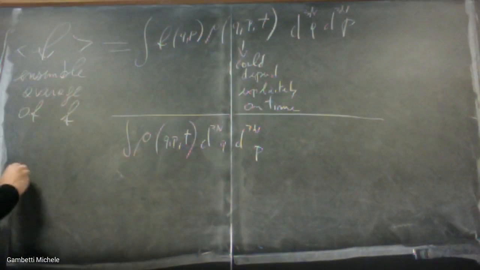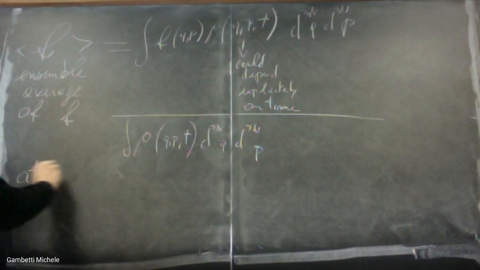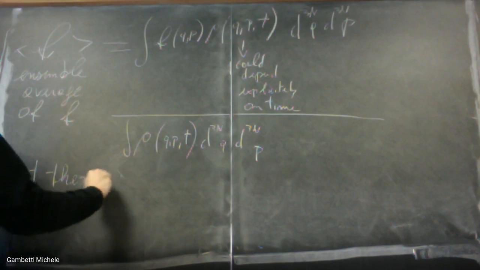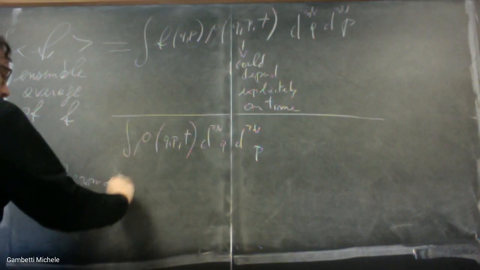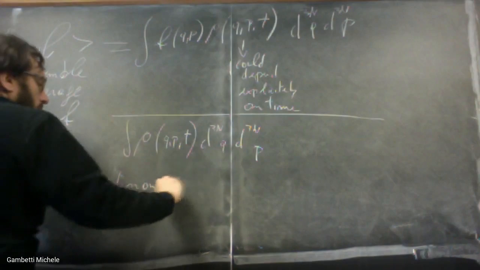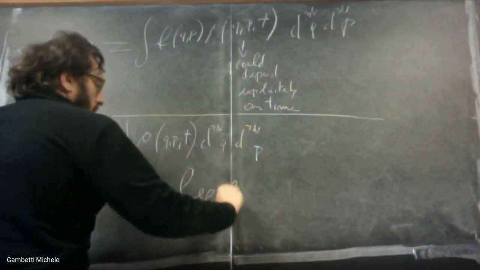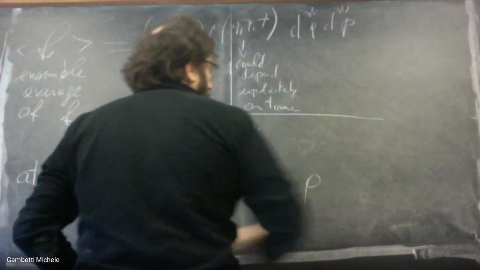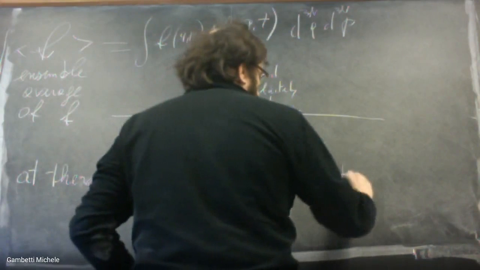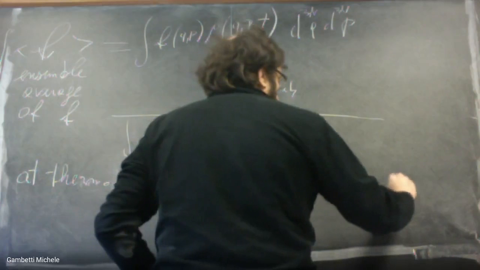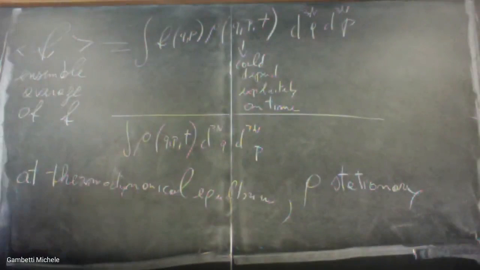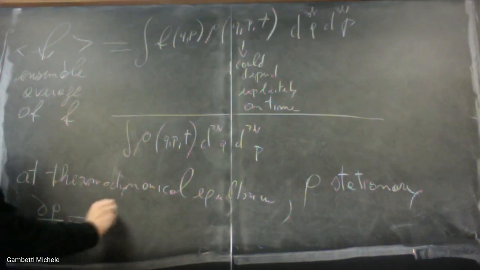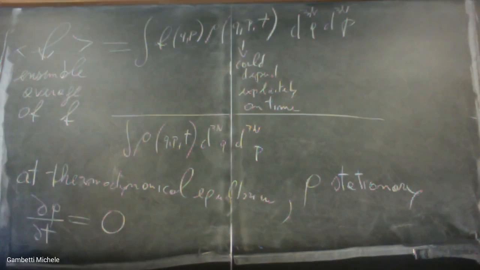Okay, so at thermodynamical equilibrium, rho is stationary, meaning that the partial derivative of rho with respect to time is equal to 0.